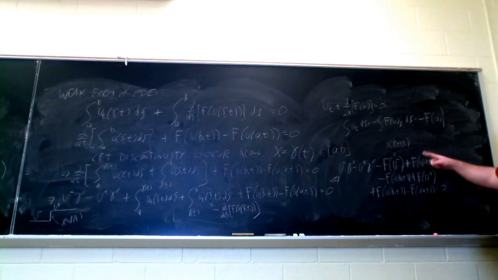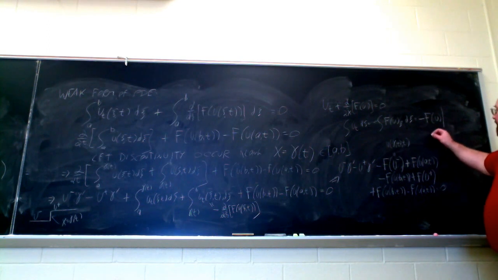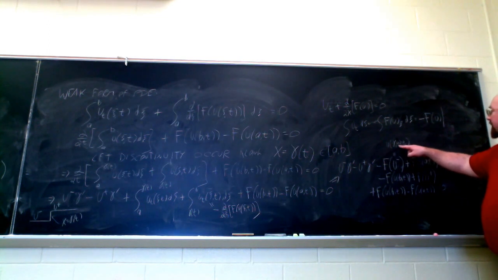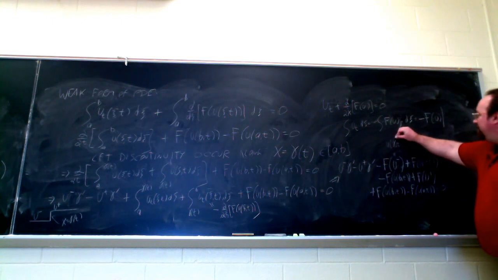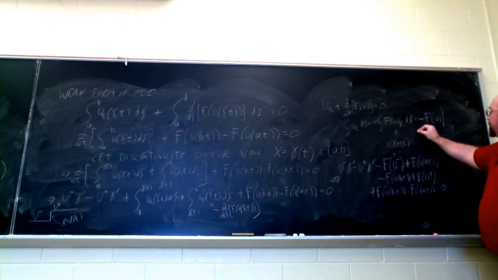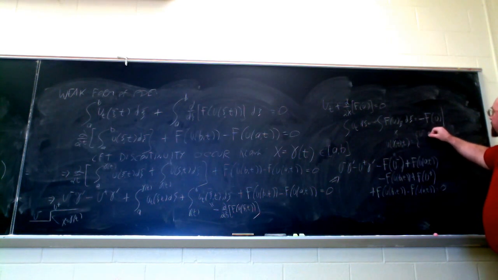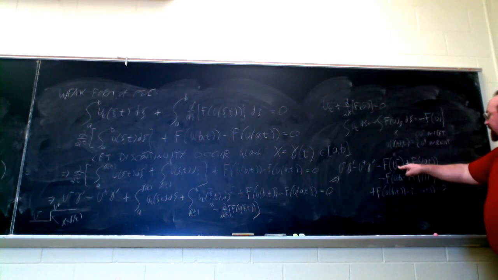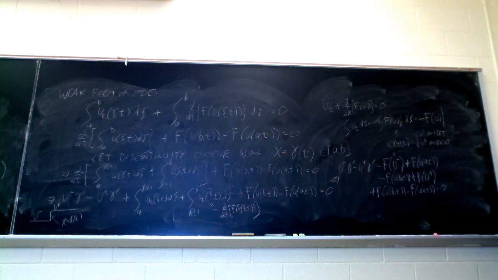So that's all I did here. And the thing is, u of gamma of t is the x value, because that's your discontinuity curve, and it is equal to u minus on the left and u plus on the right. So that's why I plug in u minus down here and u plus over here.